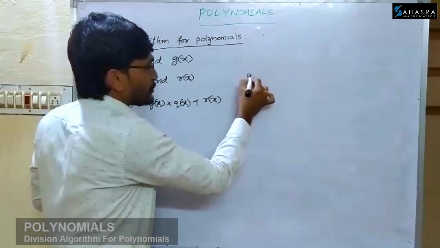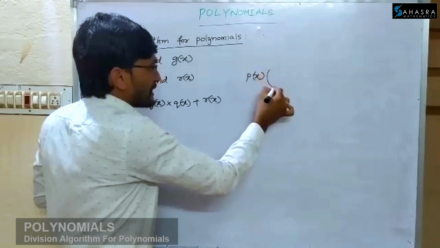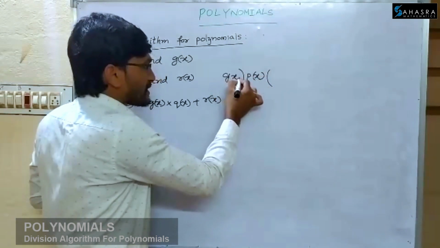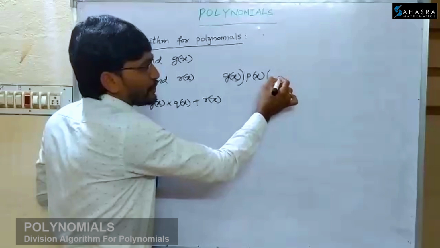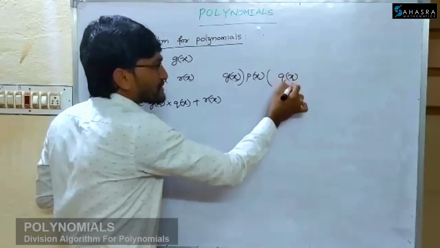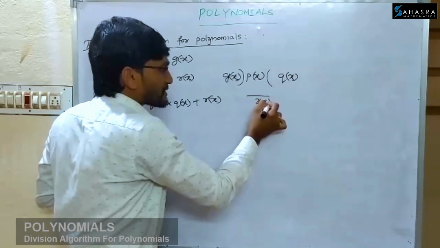Here I consider two polynomials. P of x is divided by g of x. Then there exist unique polynomials q of x and r of x.